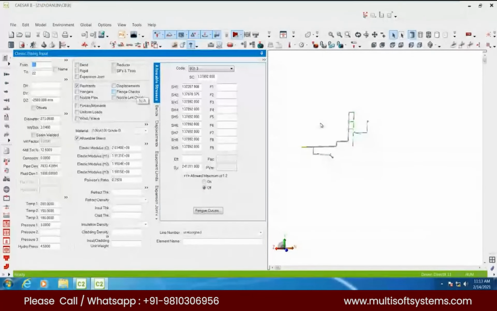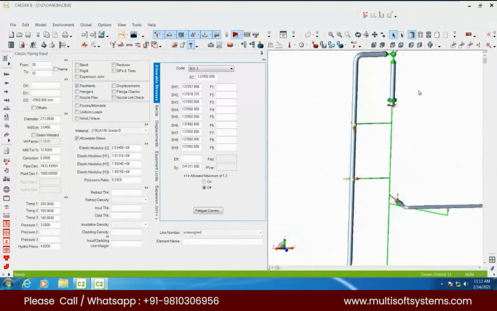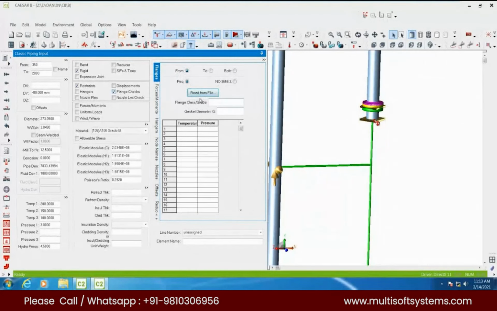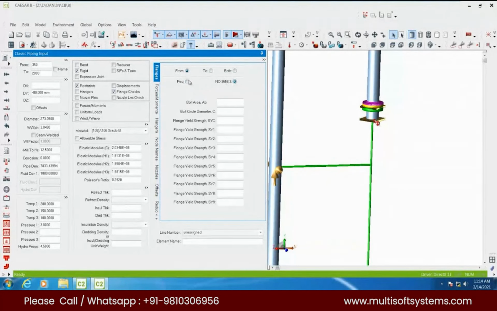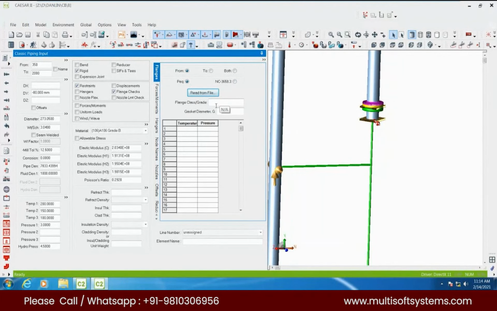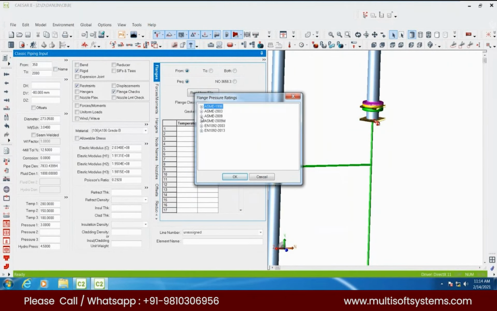If you are going to do the flange leakage test for any flanges, there are the options of the pressure equivalent method and the NC method. In the pressure equivalent method, we have to select the material, for example A106 Grade B. For that material, based on the pressure and the temperature, we have to know what the grouping is. So if you know the group code, for the rating we have to select what the group is.